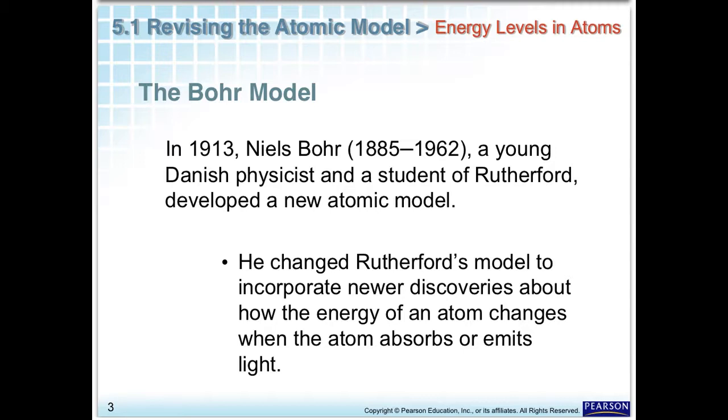So in 1913, a scientist by the name of Niels Bohr, who was actually a student of Rutherford, developed a new model. He changed Rutherford's model, and it incorporated these discoveries about atoms giving off, absorbing, and emitting light.